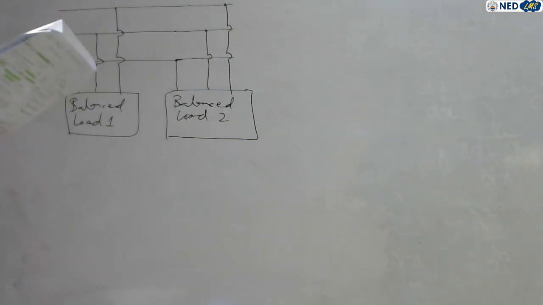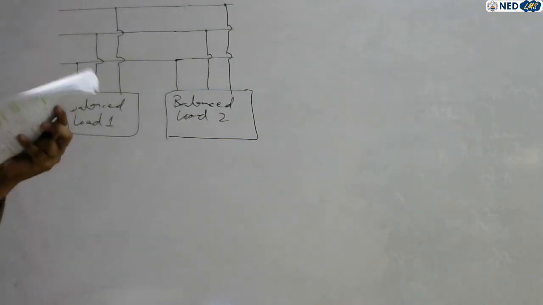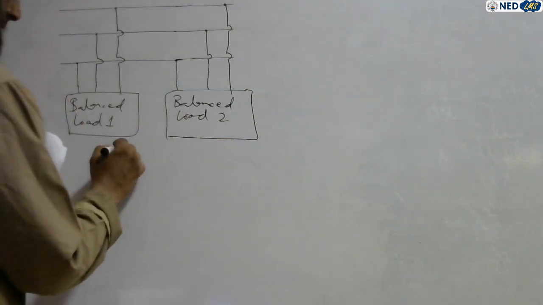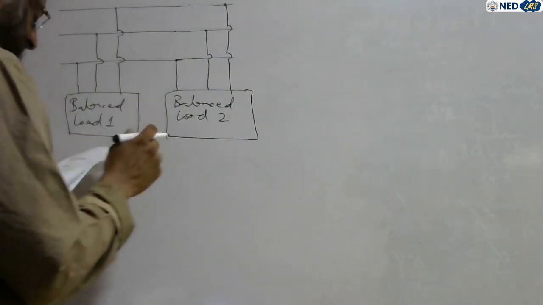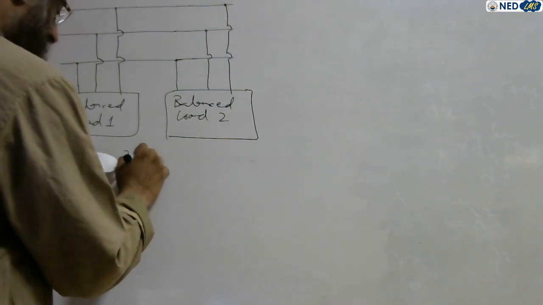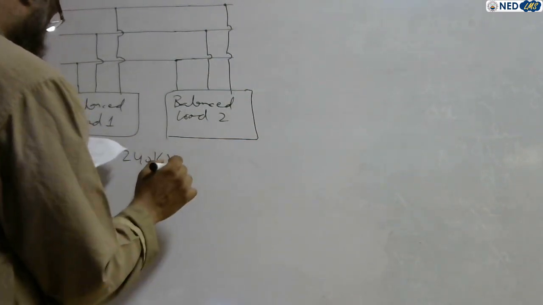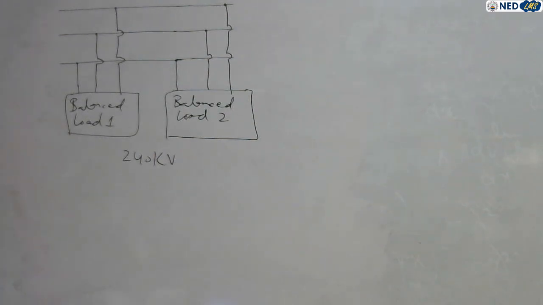Three balanced loads are connected to 240 kV RMS. First of all, write the data of this problem.